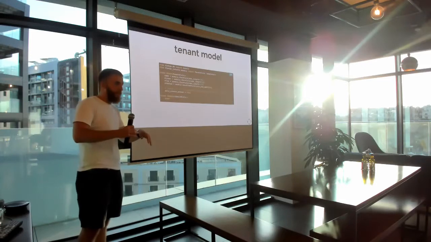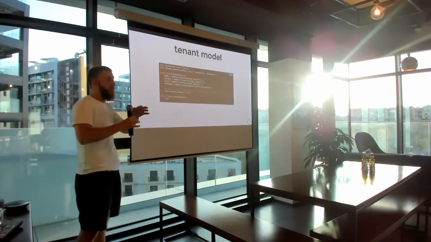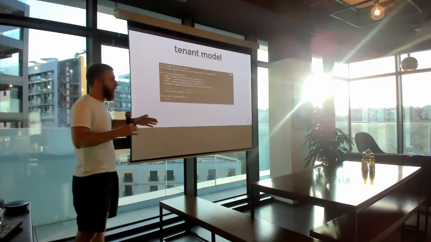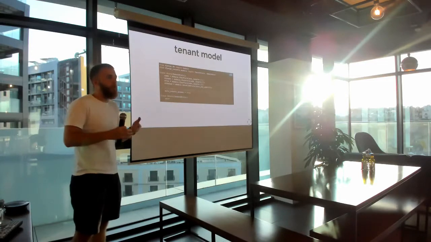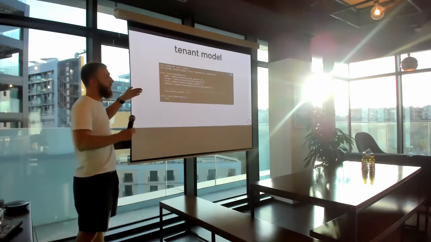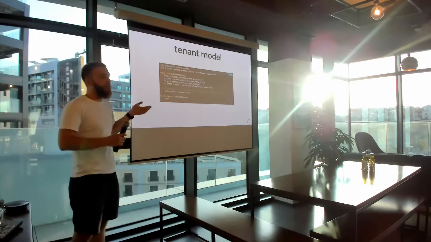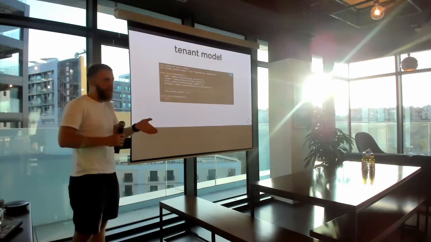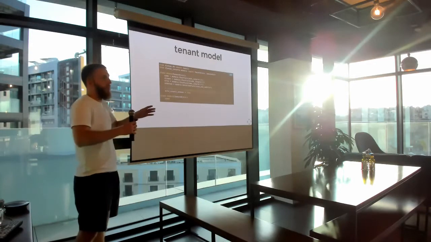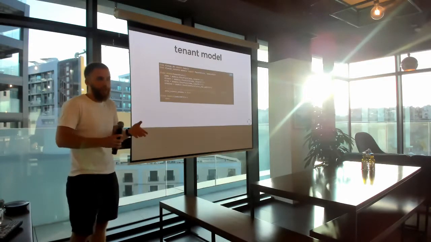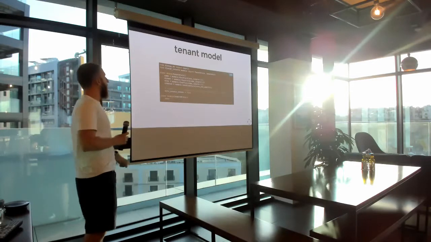Hit save on this instance, and everything will be done for you. The new schema in Postgres will be created. All the migrations you have right now will be run. So you're good to go. That's all you need to do.